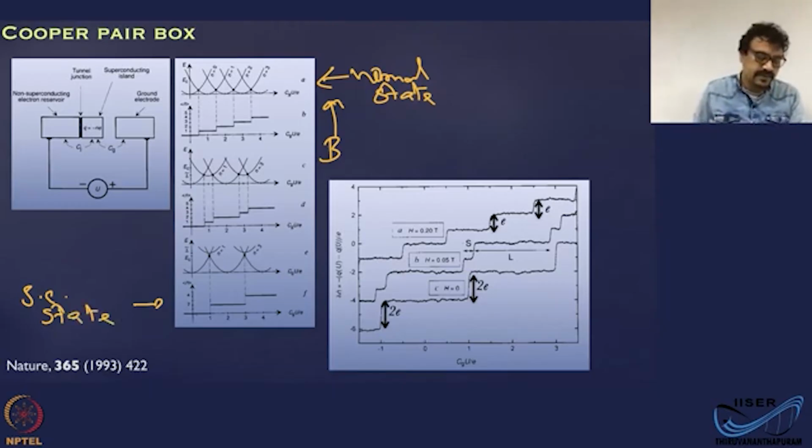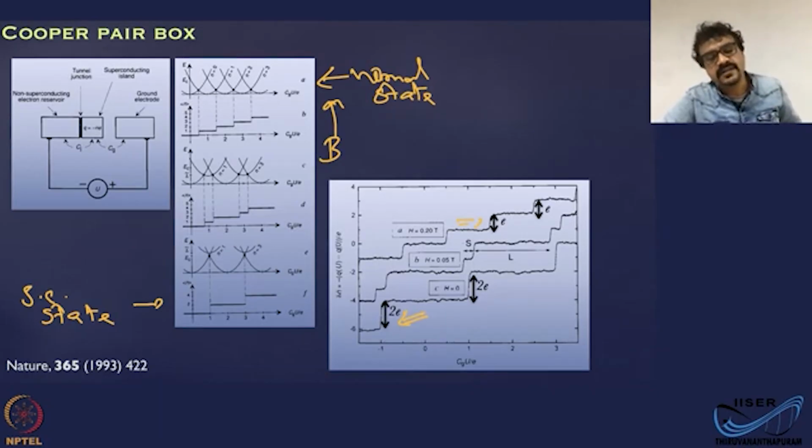Okay. So you are taking the island from superconducting to normal, then you can see that the step size is actually changing from 2e to 1e. This is a very interesting landmark experiment demonstrating the Cooper pair box, or single electron box, both of them.